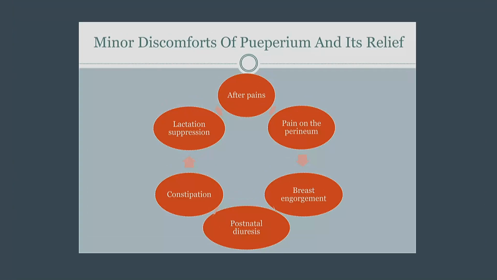There are a few minor ailments of puerperium I want to discuss in this video. These are afterpain, pain on the perineum, breast engorgement, postnatal diuresis, lactation suppression and constipation. We will see each one of them.